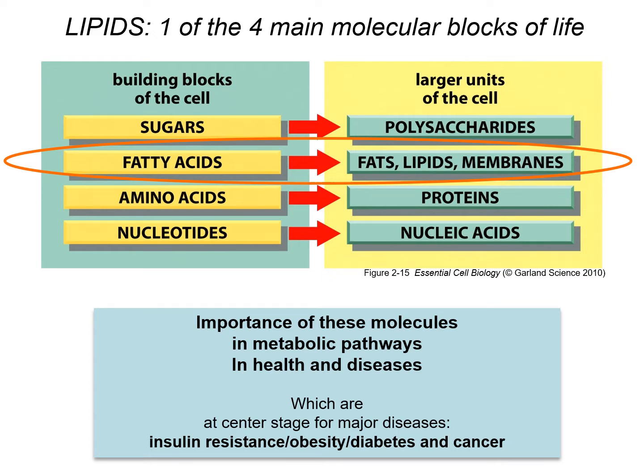So these are TAGs, triacylglycerides, lipids in membranes, but other types of lipids too. These molecules are important in metabolic pathways in health and disease, and they are at the center stage of diseases such as insulin resistance, obesity, metabolic syndrome, diabetes, and cancer. So these molecules are extremely important to know more about.